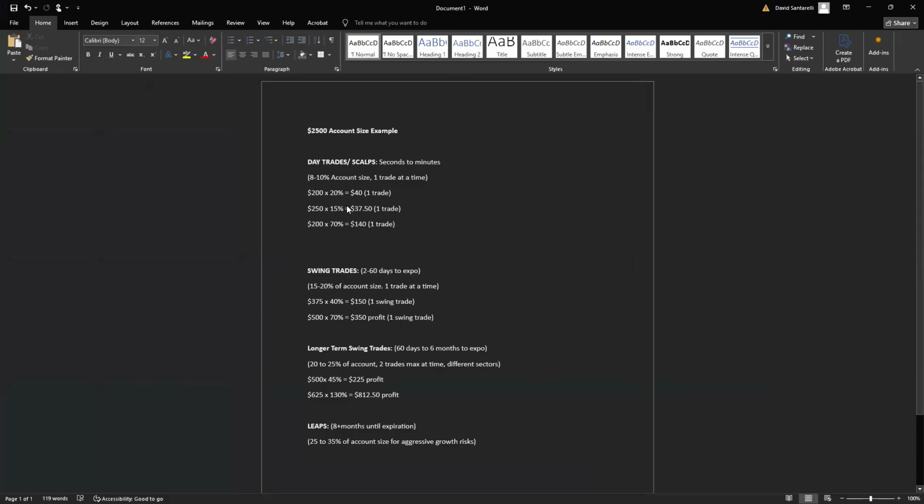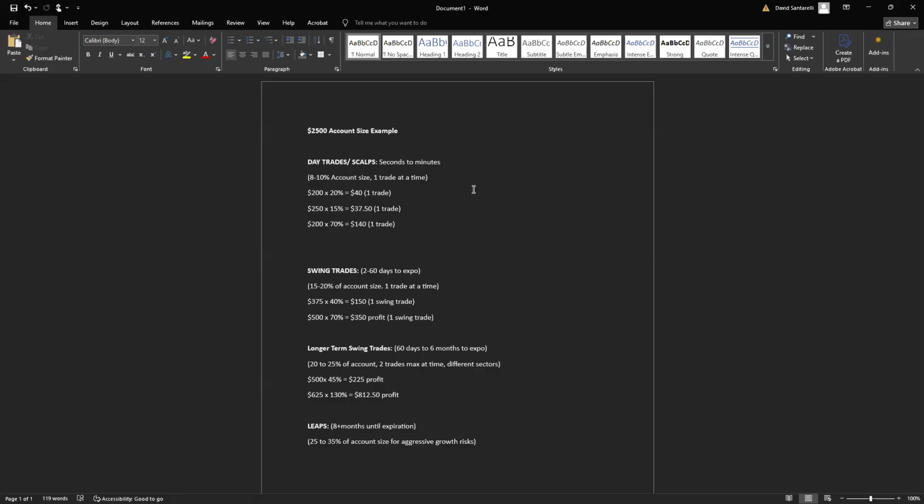Like I said, even if you're only making 40 bucks a day, right? Even if you're doing the smaller size, going with 8% of your account, you're doing one trade and it makes 40 bucks. Even if it's just to grow your confidence, you make $40 a day on a $2,500 account. 40 times 21, that's $840, right? Plus 2,500.